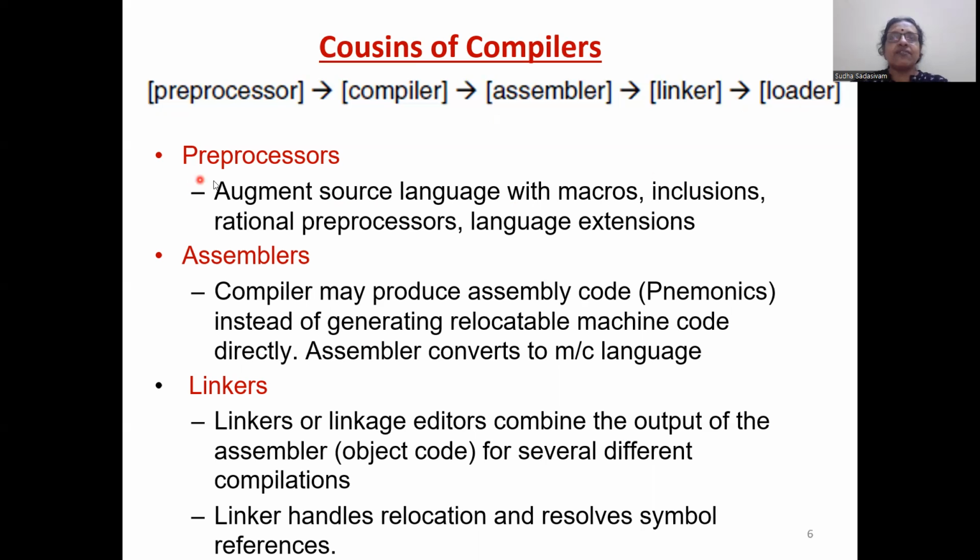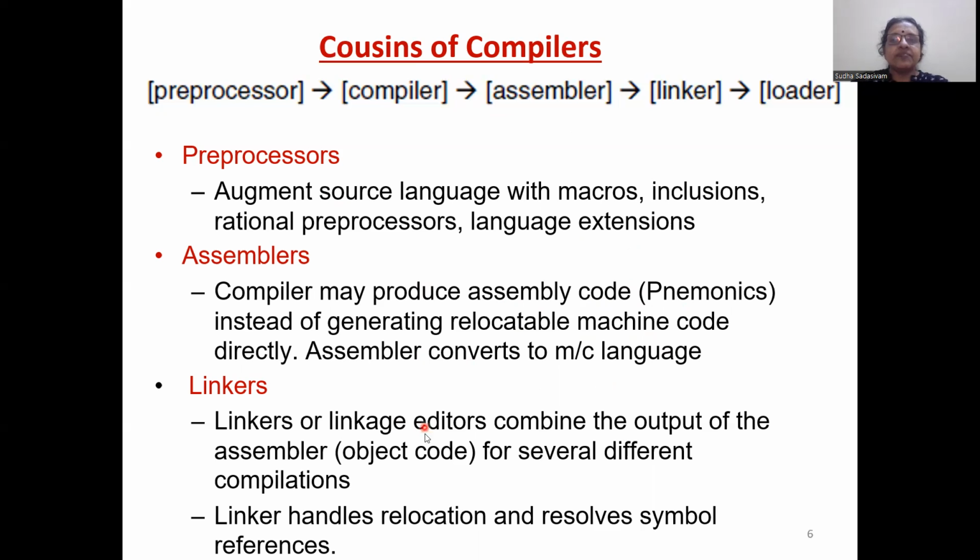Let us see what is the functionality of a preprocessor. It augments the source language with macros, inclusions, pre-processing statements, and language extensions. All these operations will be done or expanded before the compilation process. An assembler considers the assembly language code, which is produced as output from the compiler, and produces the equivalent relocatable machine language code.